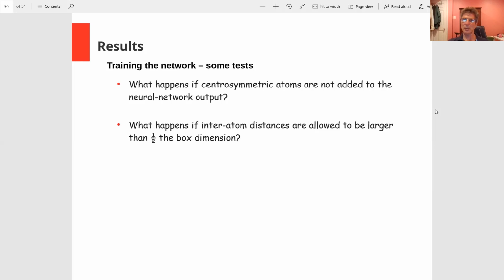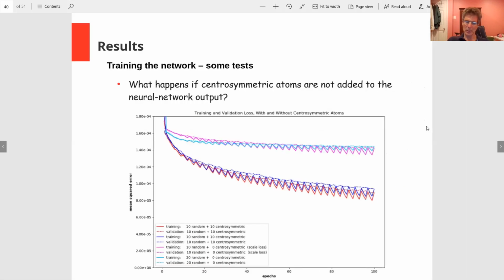So I did a couple of tests to see if that was really the case. Here's one test. What I'm doing here is using the same network and training it from scratch, putting random numbers into all of the weights, and then trying to train.